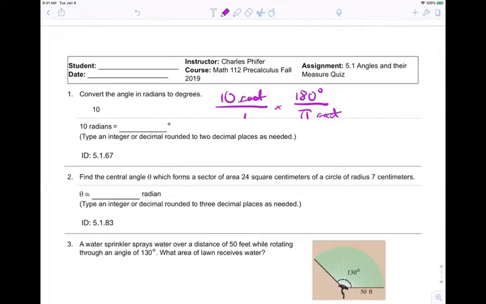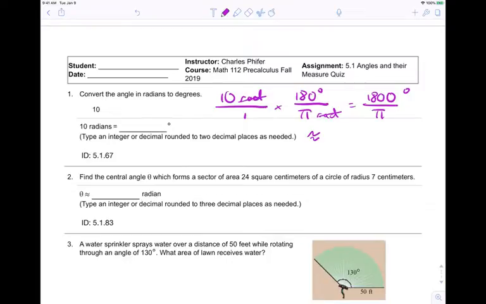So then this is going to be what? 1800 divided by pi degrees. So then we just got to crunch that number. It should be 1800 divided by pi. Let's see. Hey Siri, what's 1800 divided by pi? 1,800 divided by 3.1415 is about 572.9577.